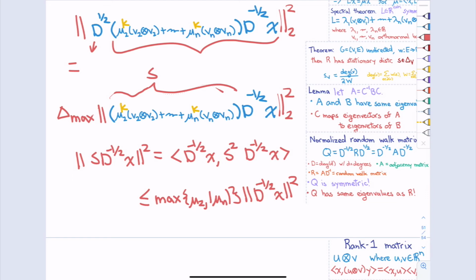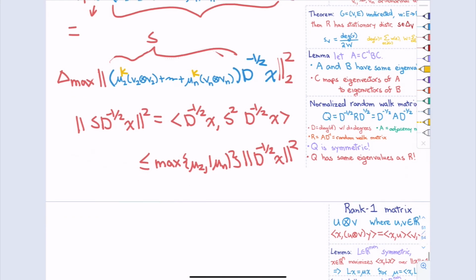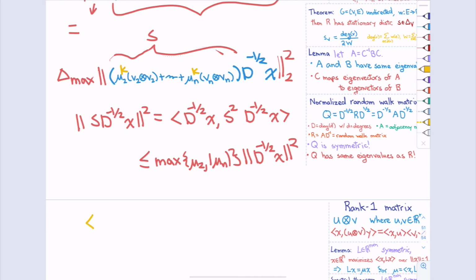Yes, and? Yeah, okay, so we showed that x L x is less than or equal to whatever the maximum eigenvalue of L is, right? If x was normalized. If x wasn't normalized, then it would be like this, which is just throwing the normalization on the other side.